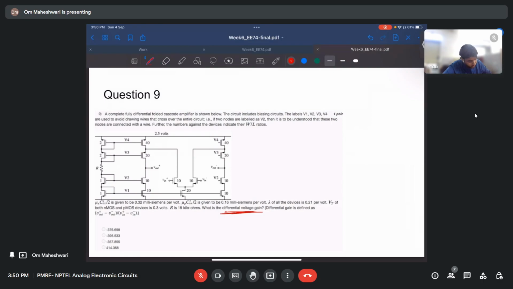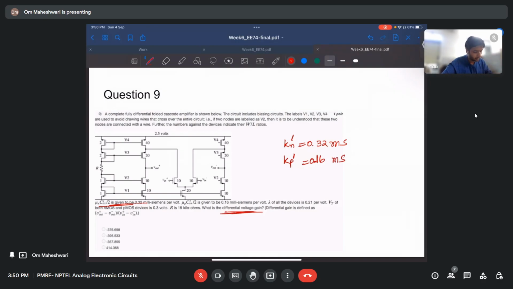If you see here, I think it is written: Kn dash, sorry, is 0.32 millisiemen, and Kp dash is 0.16.